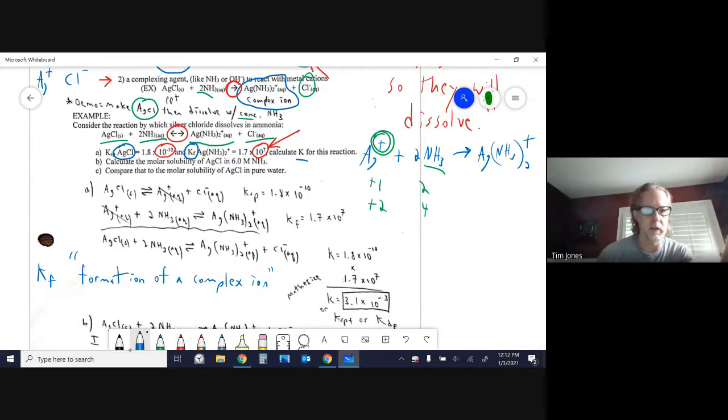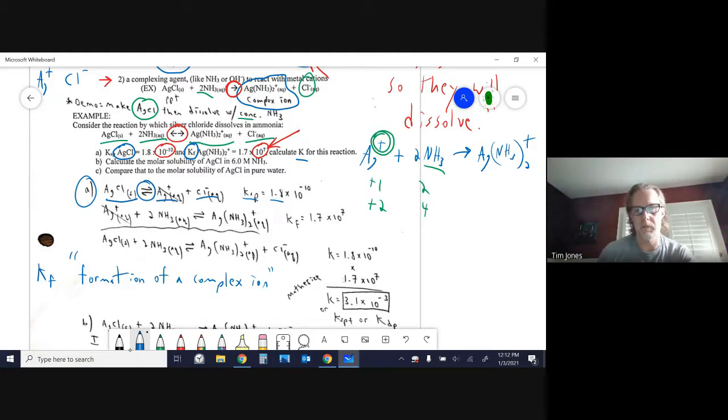So what I did here in A is I first wrote the appropriate equilibrium equation for AgCl in water. So AgCl solid on the left, double arrow, and then the two ions dissolved. And I put the KSP value with it.